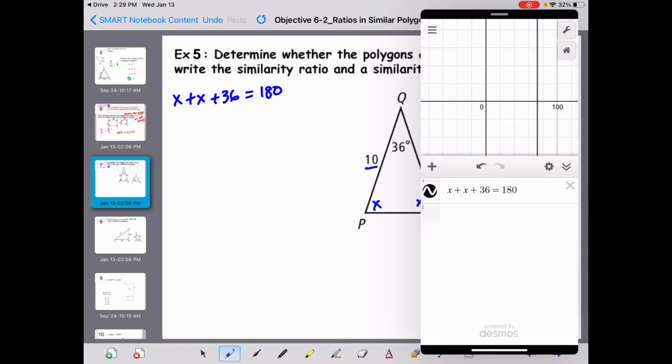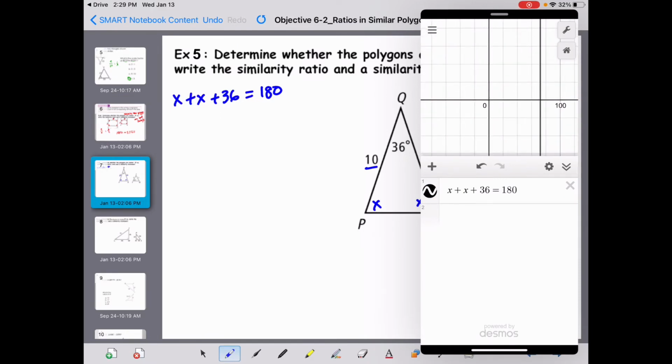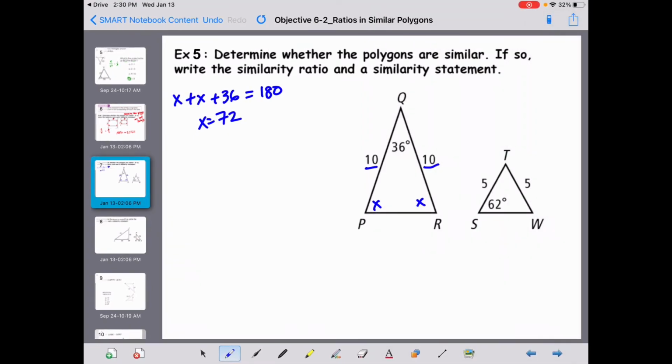So what is this? X is 72. So each one of these angles down here is 72 degrees.